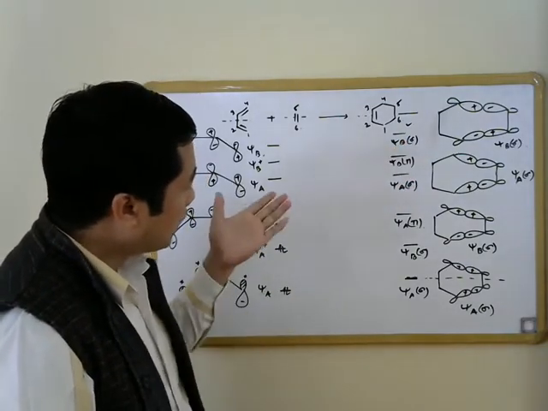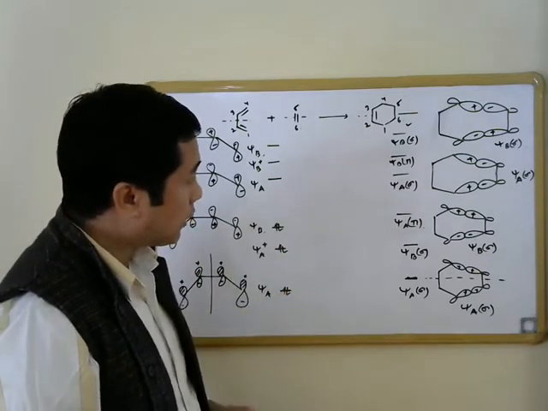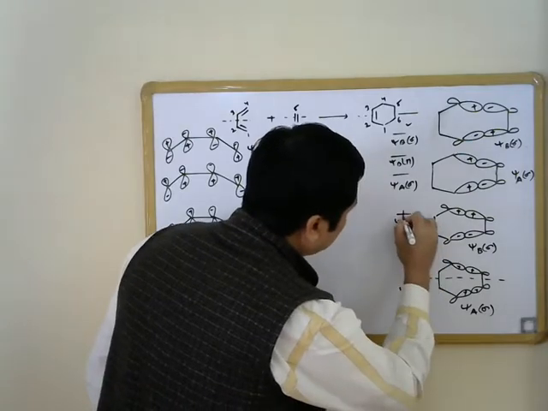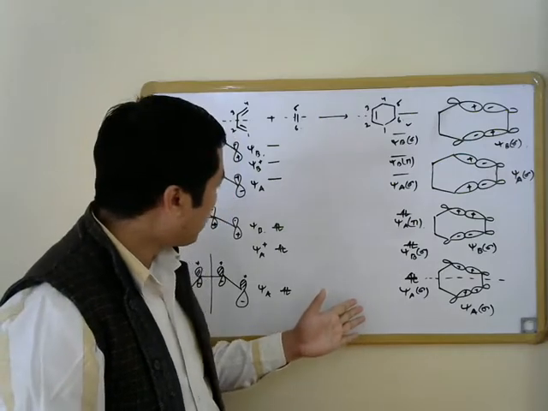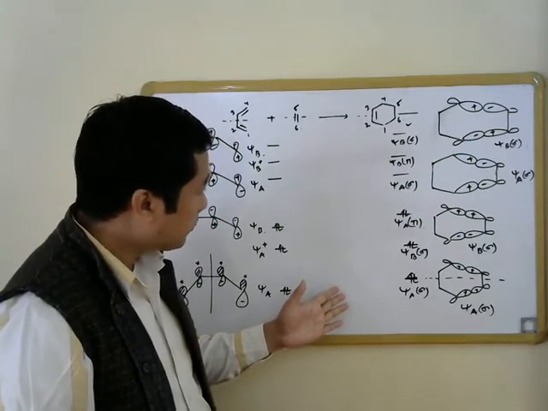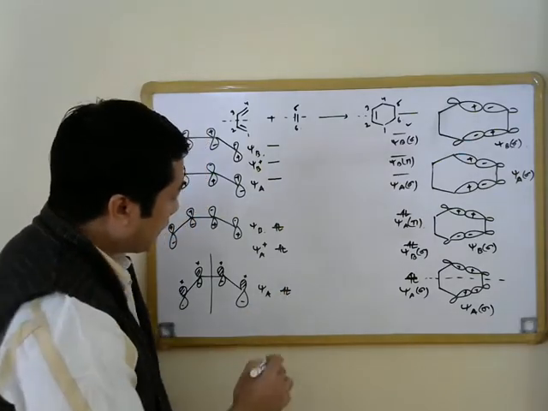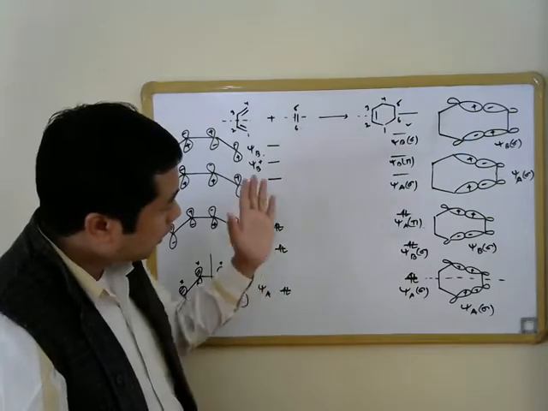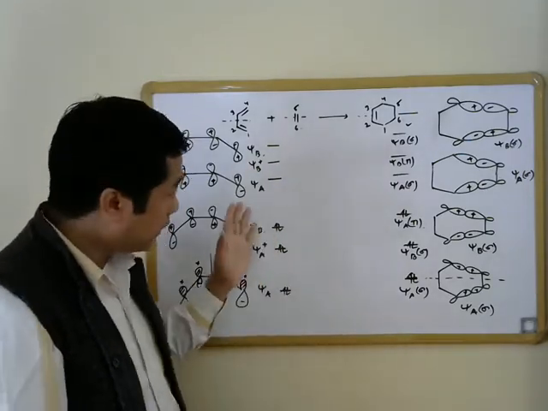So we have now drawn the molecular orbitals in order of their energy, and these three molecular orbitals in the product are all occupied. What we see from here is that we can correlate the bonding molecular orbitals of the reactants with bonding molecular orbitals of the same symmetry in the product.